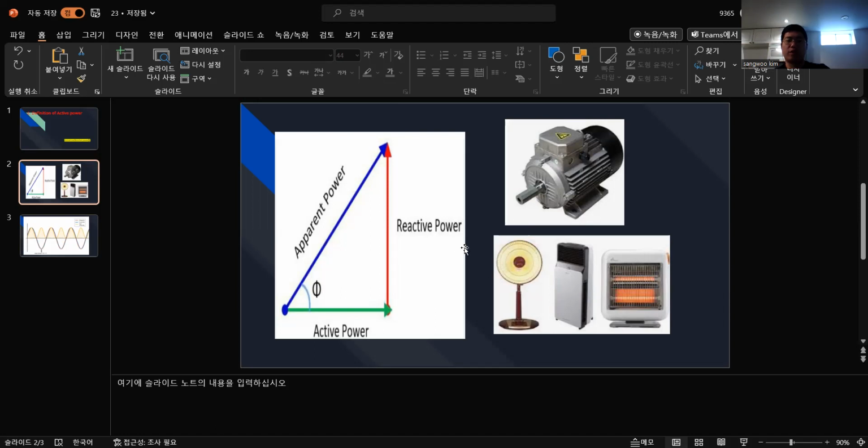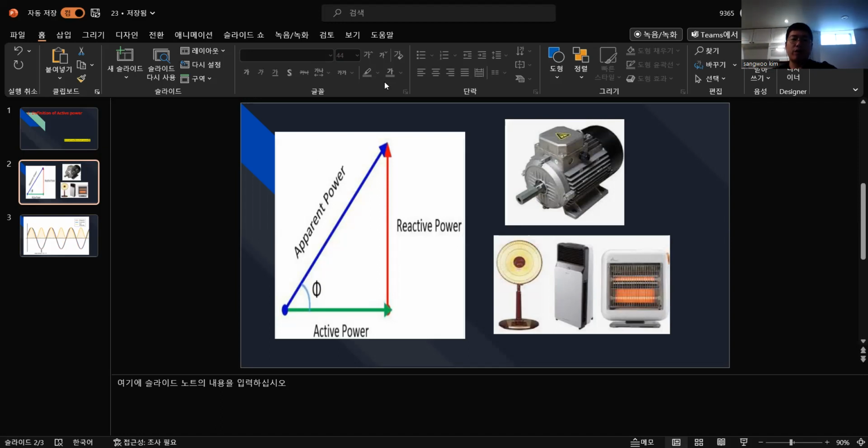But the reactive power is like, for example, I gave you money and you spend it. That means you actually use it and it's gone. That's active power. But for reactive power, I gave you money, but you saved it and didn't use it, and you returned it back. That is reactive power.